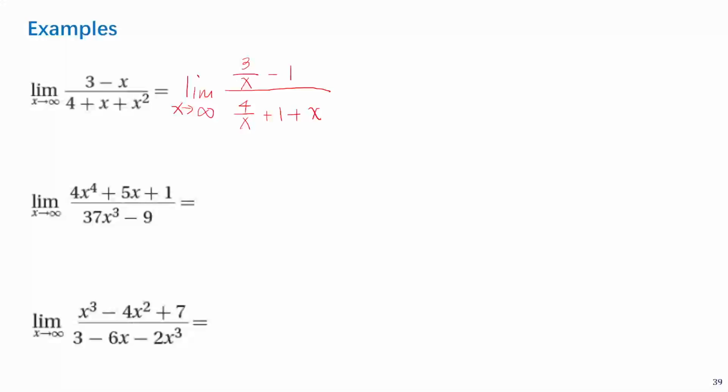So when x approaches positive infinity, this part will approach 0, right? And this part is -1, so the numerator will approach -1, right? But the denominator has 3 parts. When x approaches positive infinity, we know this part will approach 0, this part will approach positive infinity, this part is fixed, which is 1.